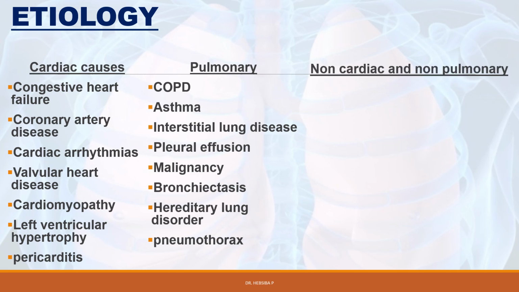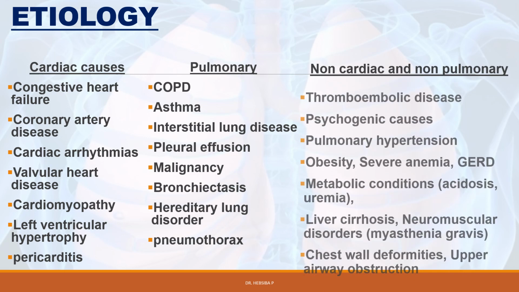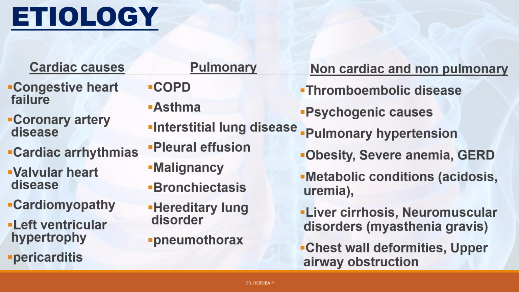Then non-cardiac and non-pulmonary causes are thromboembolic disease, psychogenic causes, pulmonary hypertension, obesity, severe anemia, gastroesophageal reflux disease, metabolic conditions like acidosis or uremia, liver cirrhosis, neuromuscular disorders, especially myasthenia gravis, chest wall deformities, and upper airway obstructions.